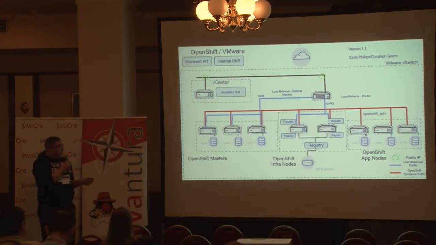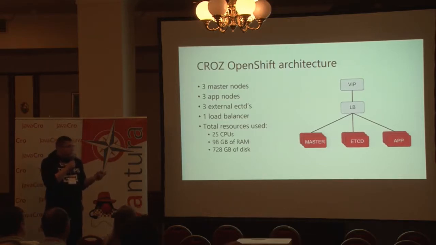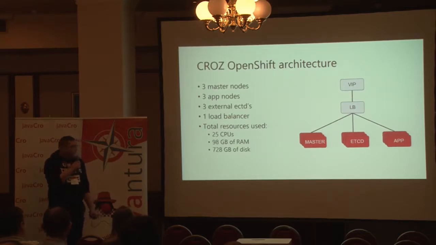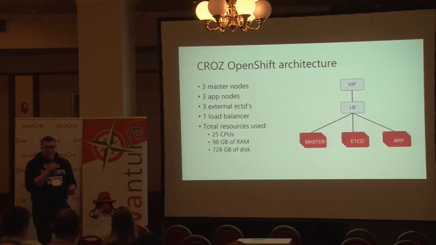We did something similar. This is our reference architecture. We have one load balancer, installed through OpenShift. We have 3 masters, 3 etcds, and 3 application nodes. In total, we used 25 CPUs, almost 100 gigabytes of RAM, and over 700 gigabytes of disk just for the installation of the reference architecture for OpenShift. Our system admins weren't happy with that.